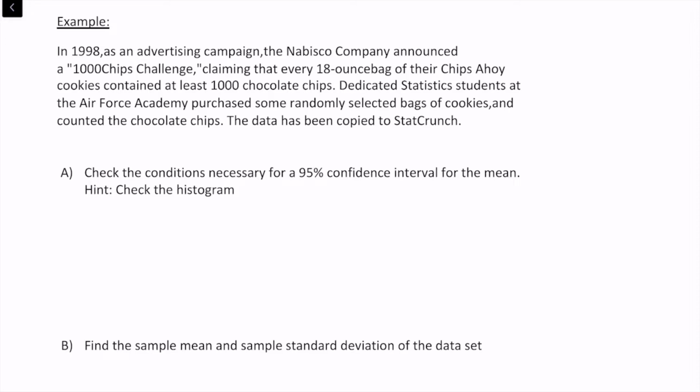All right, first thing, part A, check the condition necessary for a 95% confidence interval, okay? So can we perform a 95% confidence interval? All right, what are the conditions? Remember that independence assumption.